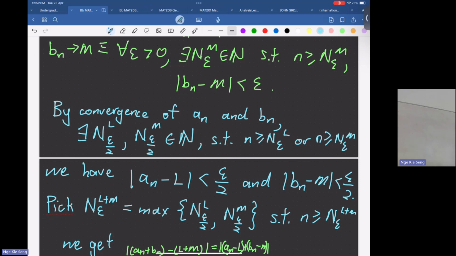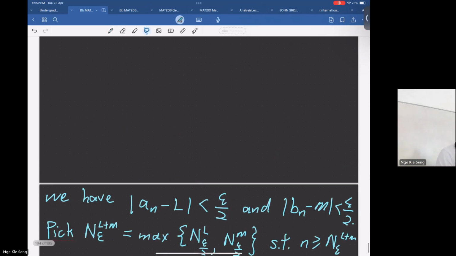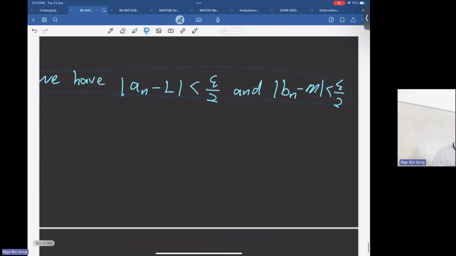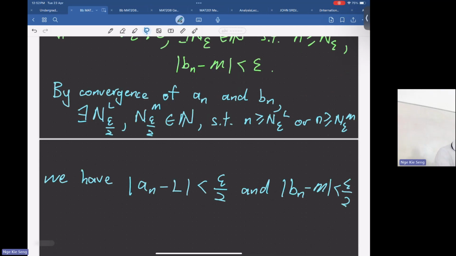So let's split this in two. I don't want to get into a logical problem here. So let's split this into two segments. Move this all the way down like this.